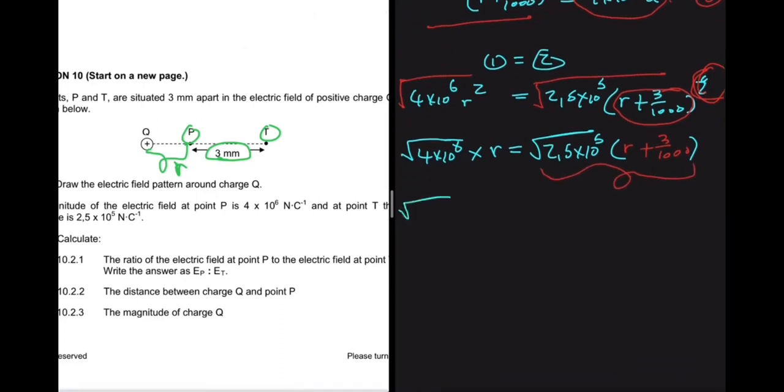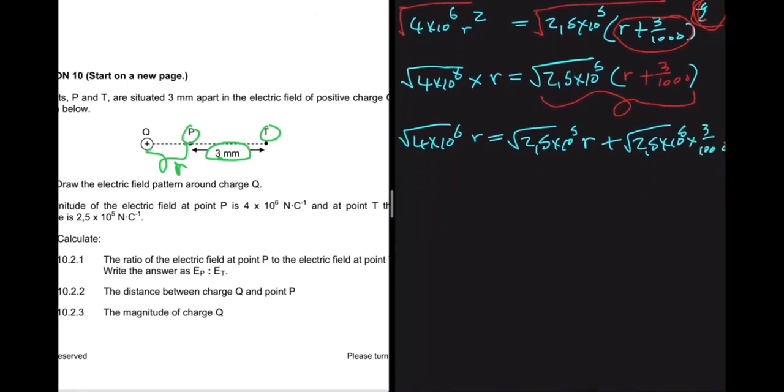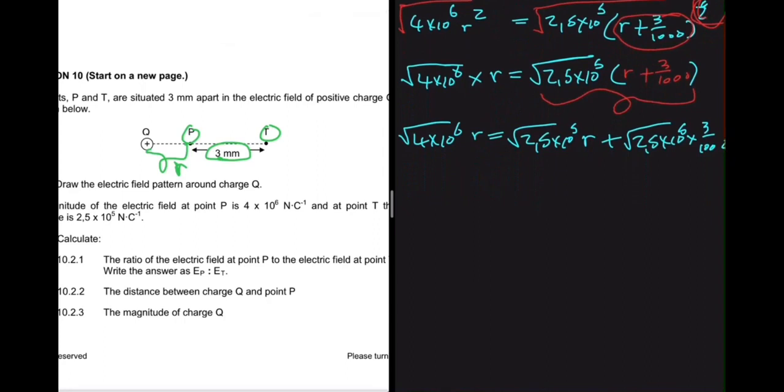So we're gonna have the square root of 4 times 10 to the 6 multiplied by r being equals to the square root of 2.5 times 10 to the 5 multiplied by r plus the square root of 2.5 times 10 to the 5 multiplied by 3 divided by 1,000. So now we have r here, and then we have r here.